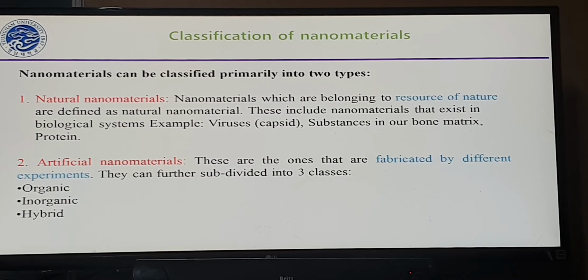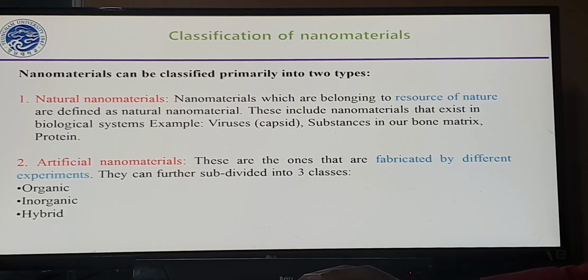The second is artificial nanomaterials. These are the ones that are fabricated, prepared by different experiments. They can be further subdivided into three classes: organic nanomaterials, inorganic nanomaterials, and hybrid nanomaterials. These are all nanomaterials which we can prepare in our laboratories.